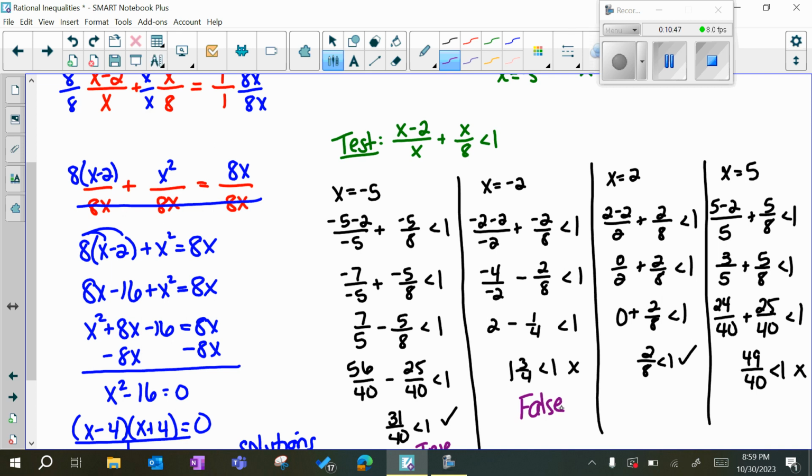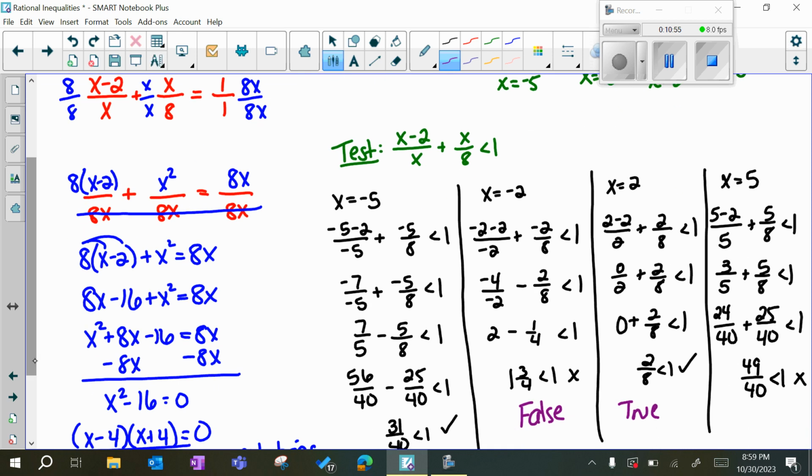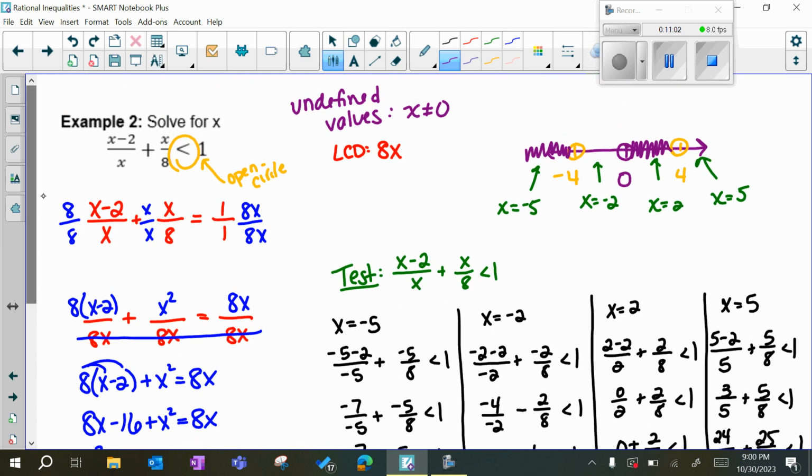For x equals 2, it was true, so I'm going to shade that area of the number line. And for x equals 5, it was false, so I am not going to shade that area of the number line. Then your last step is to take your number line and write your answer in interval notation.